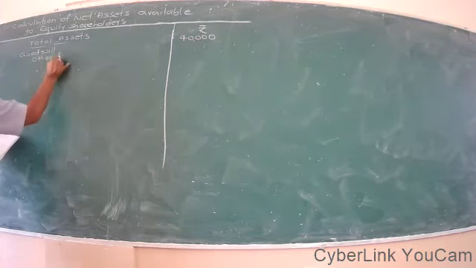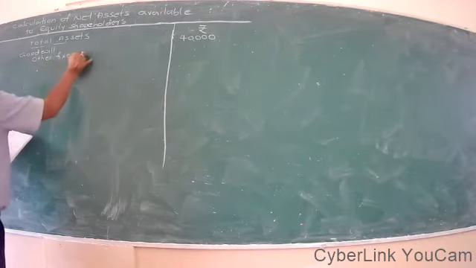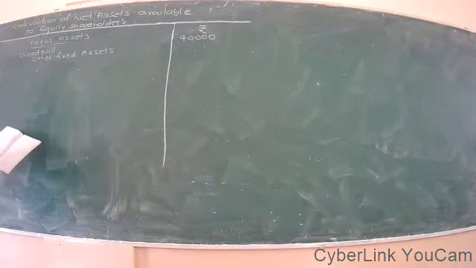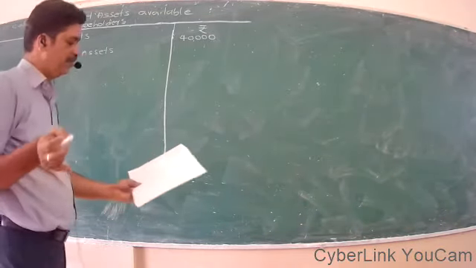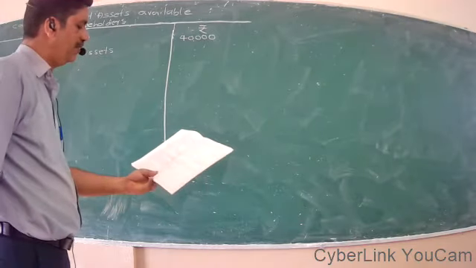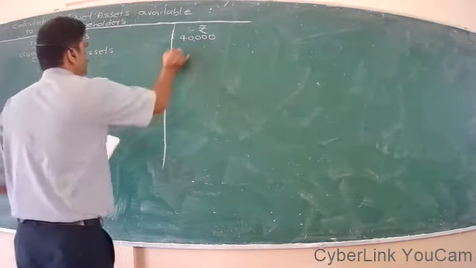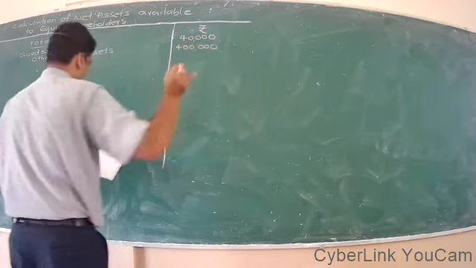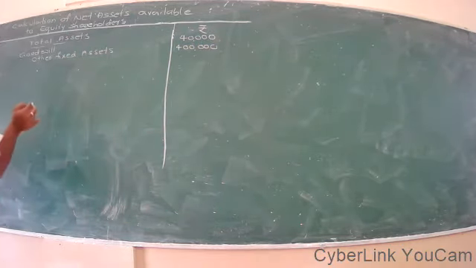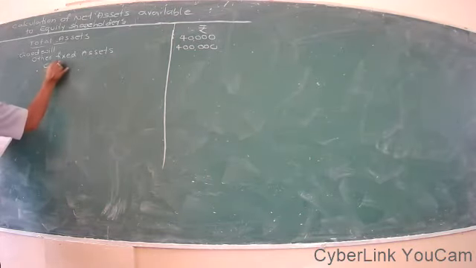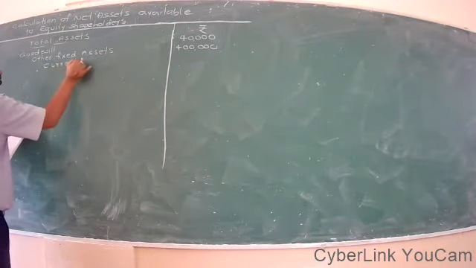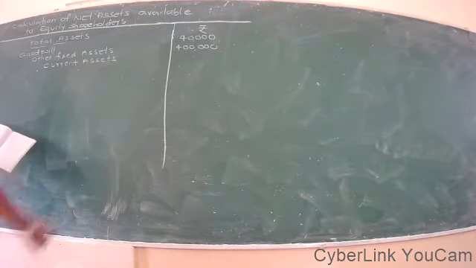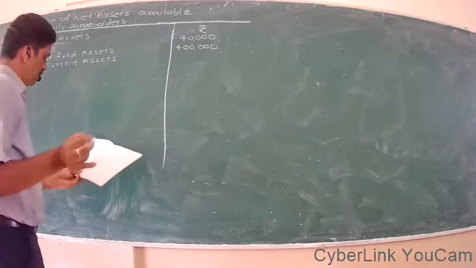In the adjustment it is given as 4 lakh. Next is current assets, 2 lakh.